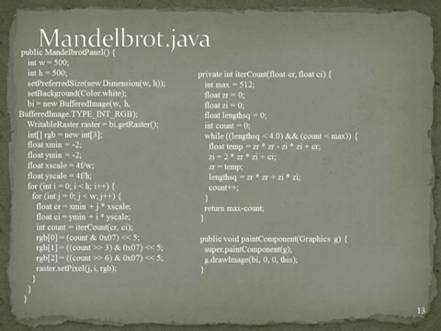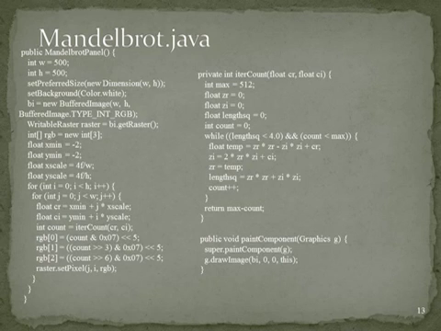A buffered image is created with the size of 500 by 500 with an RGB pixel type. A writable raster object is obtained, as we can see here, from the image, and the pixels of the image are set through the raster object. The pixel indices are mapped to the coordinates on the complex plane by a linear function.